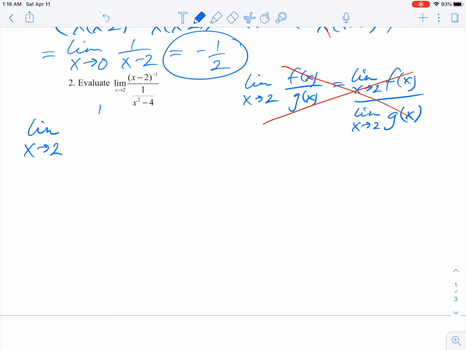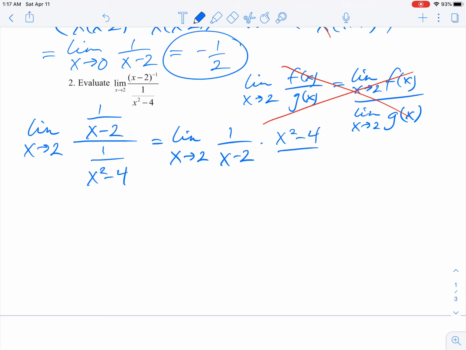And in this instance, let's start by rewriting x minus 2 to the negative 1 as 1 over x minus 2. Down below, we'll still have 1 over x squared minus 4. Now, if you've got a compound fraction, a fraction over a fraction, we, from long-standing practice, know that you take your bottom fraction, you flip it, you invert it, you take the reciprocal, and multiply.